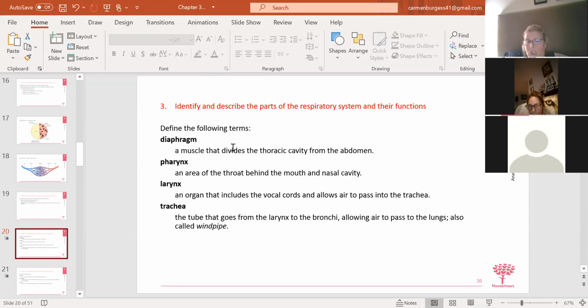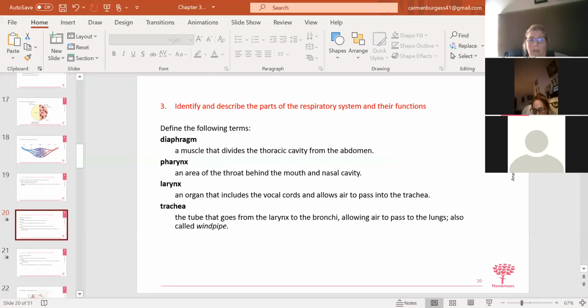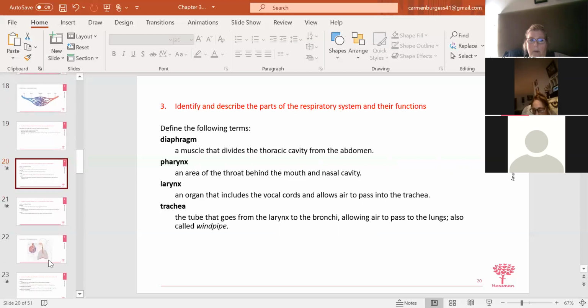The diaphragm is just that muscle that divides the abdomen and thoracic cavity. I tried to cut all this information down to what you really have to know rather than getting bogged down. There's a good graph in your chart that shows you the parts of the respiratory system.